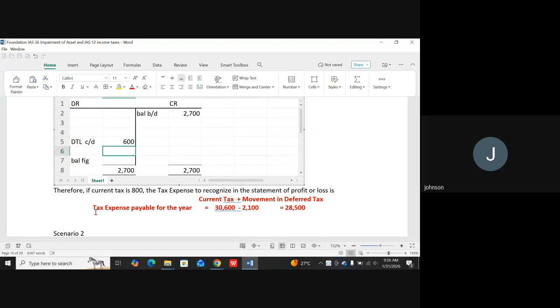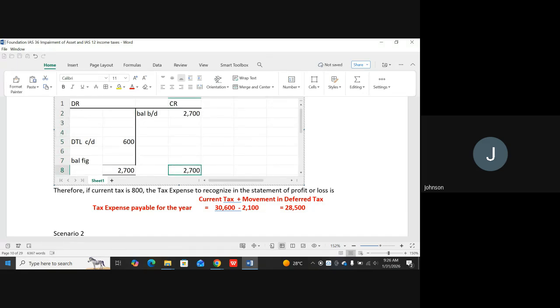However, in accounting, you need to balance your account. So which side is higher? Obviously, 2,700 is higher, which means that the transactions inside the credit side are higher than the transactions inside the debit side. Whichever is higher is what we normally pick as the balance.